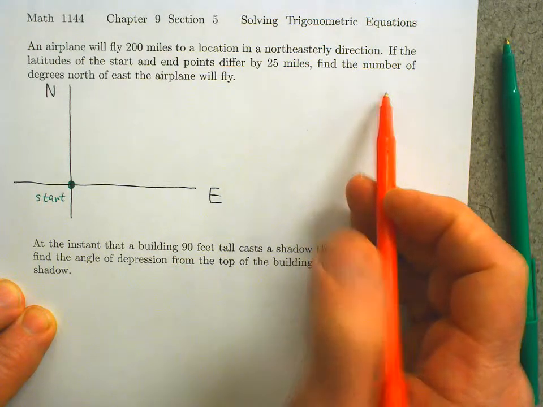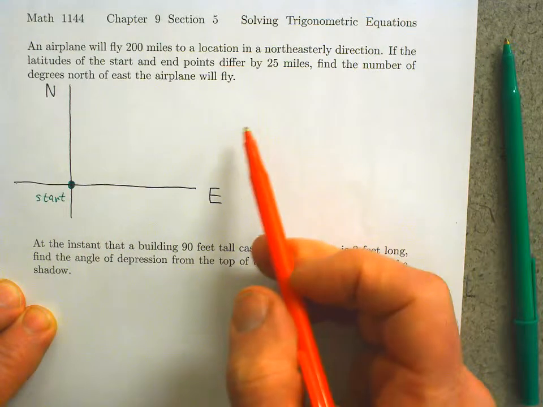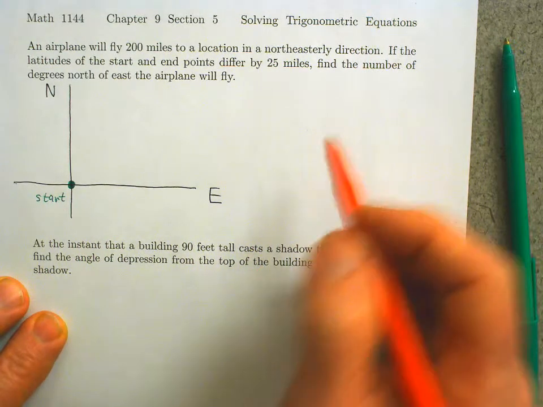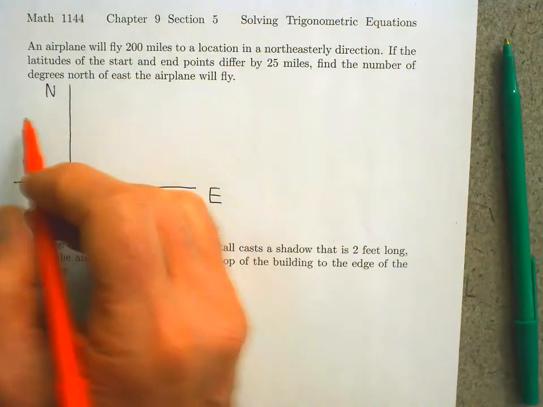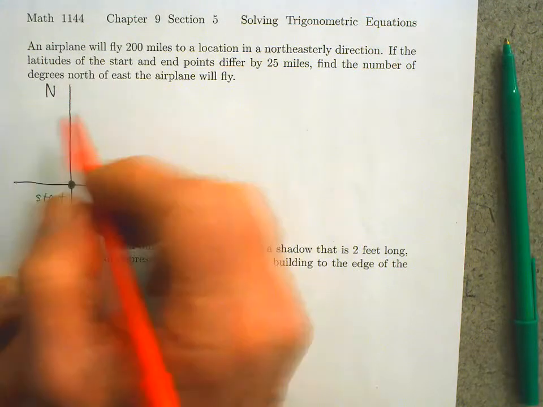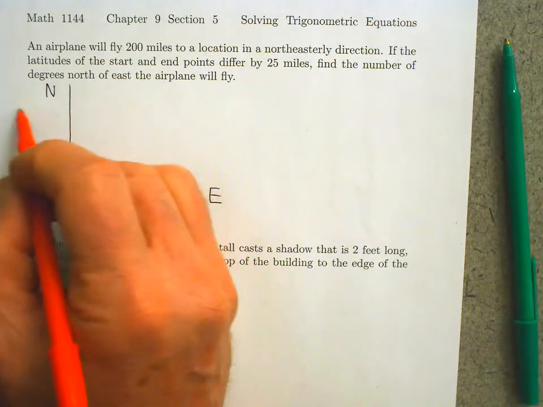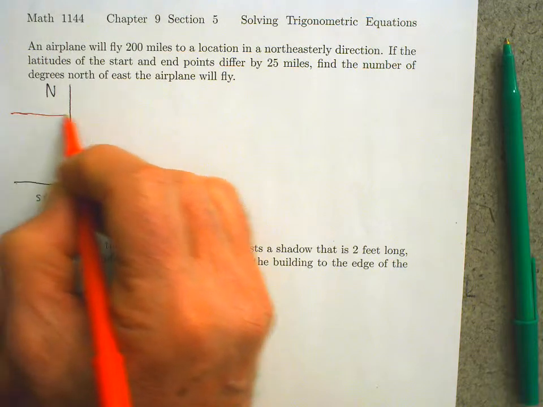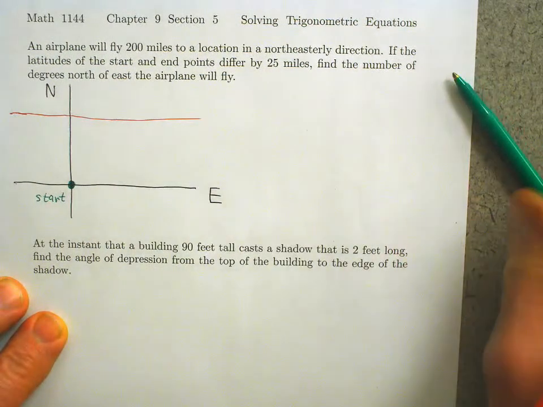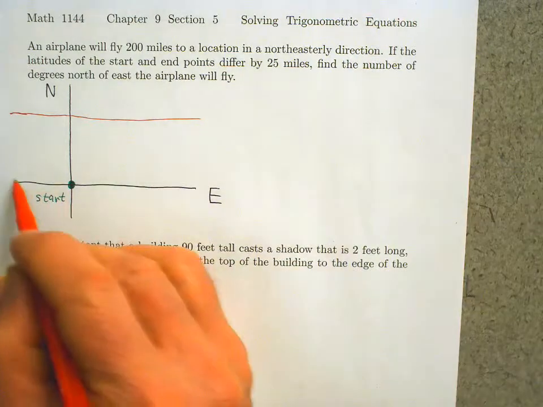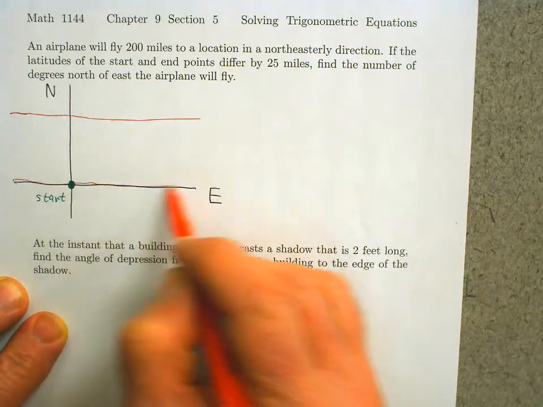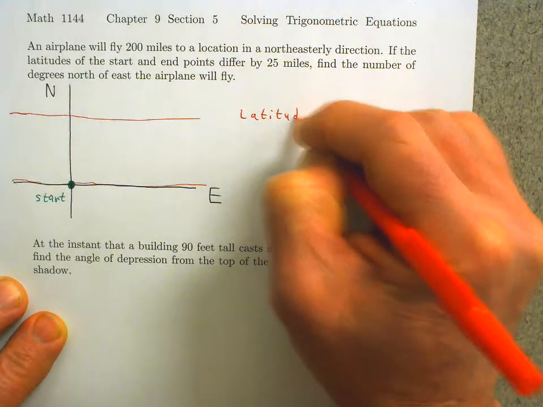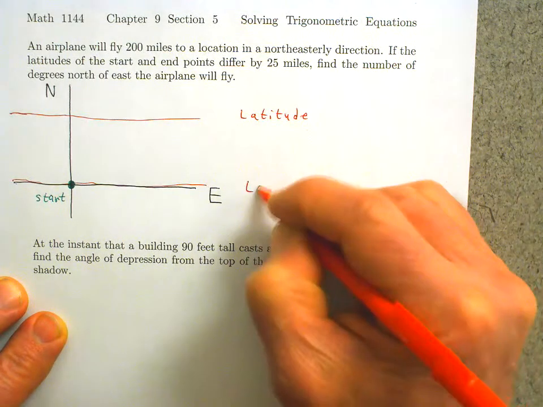It says the latitudes of the start and end point differ by 25 miles. So on a map, and also on a globe of the Earth, the horizontal lines are the latitudes. So there's one latitude, and here's another latitude.